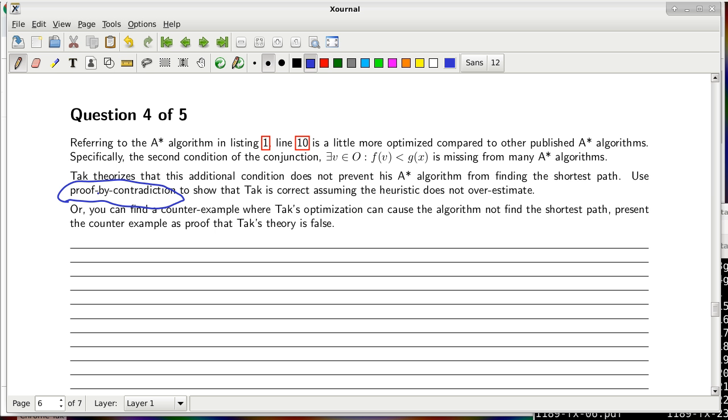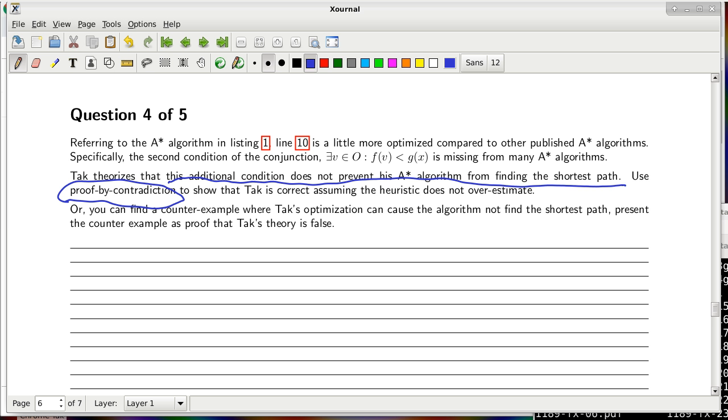So this additional condition does not prevent the A star algorithm from finding the shortest path is the theorem. Now that you know it is proof by contradiction and what the theorem is, what do you need to do next? You negate the theorem. So what is the statement after you negate this theorem?